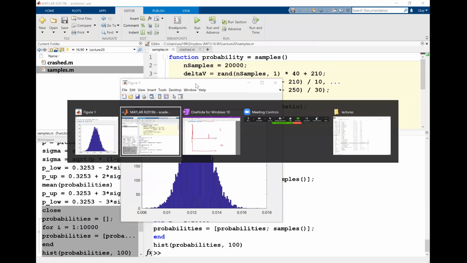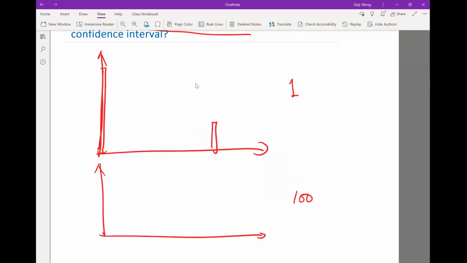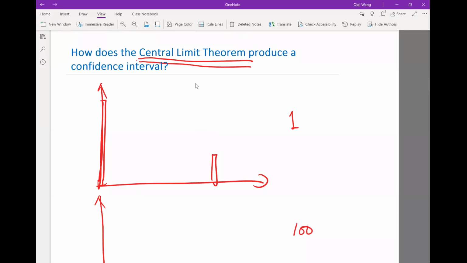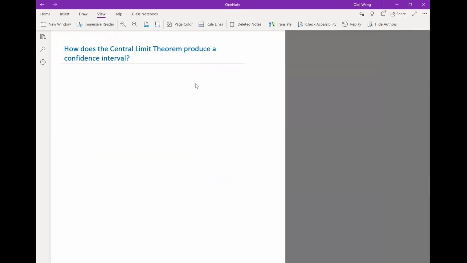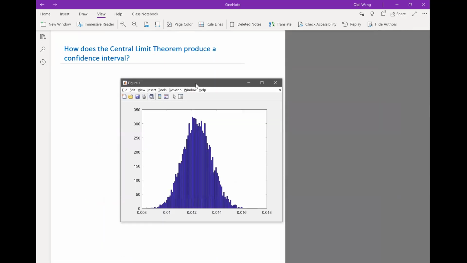Okay. So this is really what the central limit theorem is. It tells us that we can use the 2 sigma and 3 sigma confidence intervals by assuming we get a normal distribution at the end. And in theory and in practice, we do.